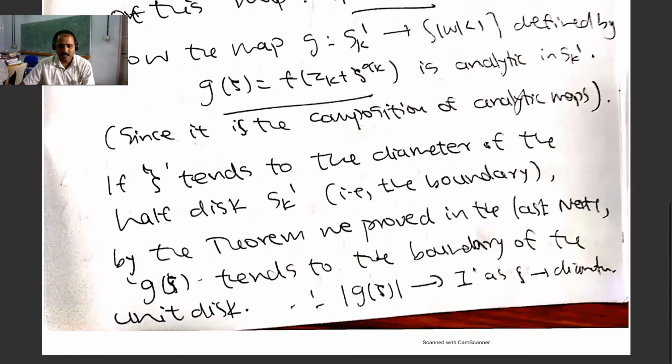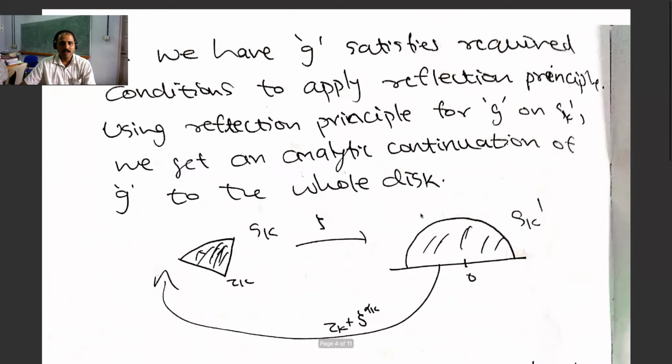Now G satisfies the required conditions to apply the reflection principle, because it is a function defined on the upper half disk and on the diameter the limit is mod 1, and all other conditions are the same.